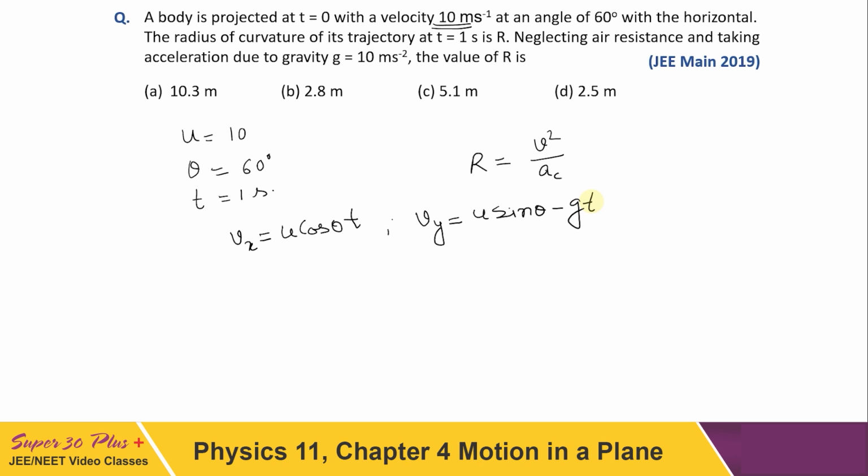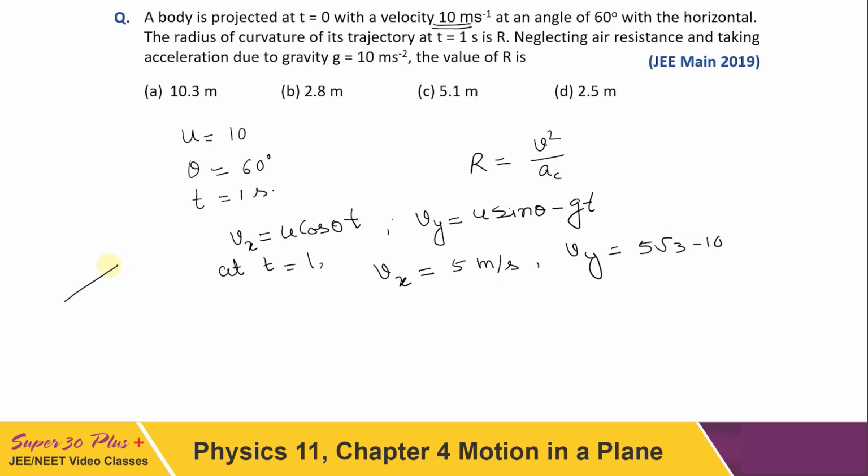Its magnitude at t is equal to 1 will be, we have to write the radius of curvature at t is equal to 1. So Vx will come out as u cos theta into 1, which is 5 meter per second. Similarly, Vy can be written as u sin theta minus gt, t being 1, its value will be equal to 5 root 3 minus 10.